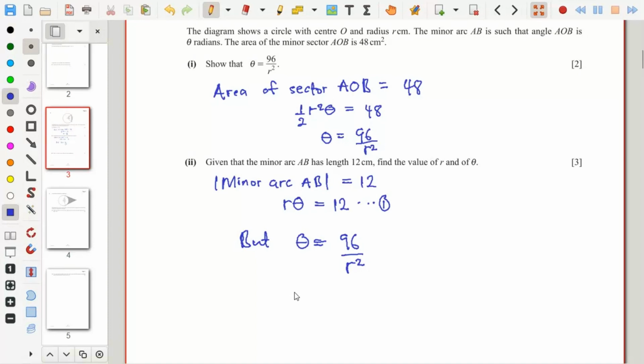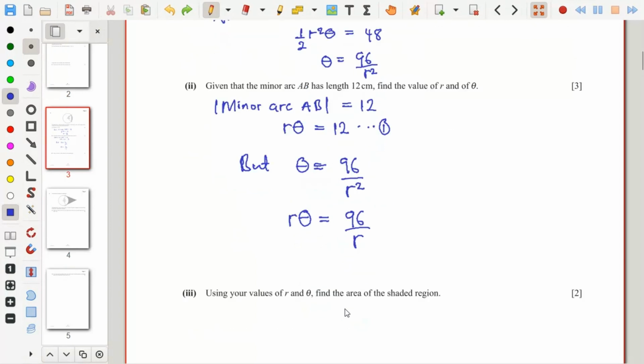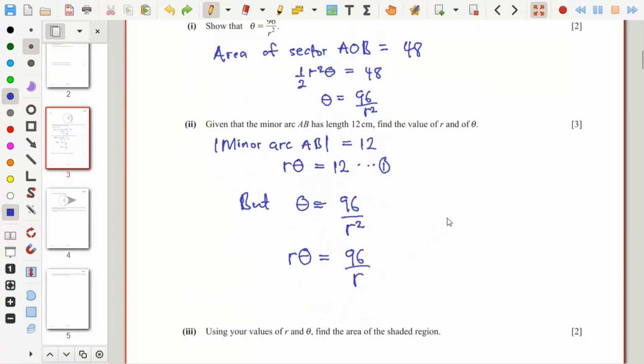Okay. So now, can this one be written as r times r, which is the same as r squared? Yes. Can you see something? Is there a connection between equation 1 and equation 2? Yeah, there is. They both have r theta in common.